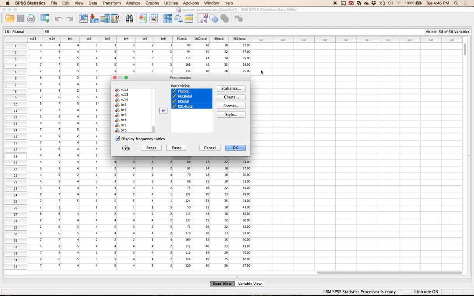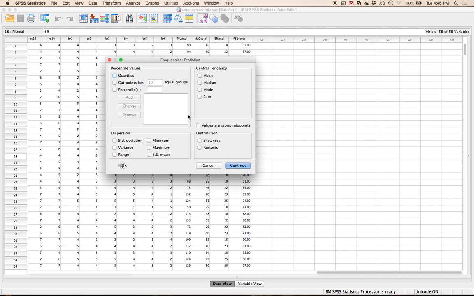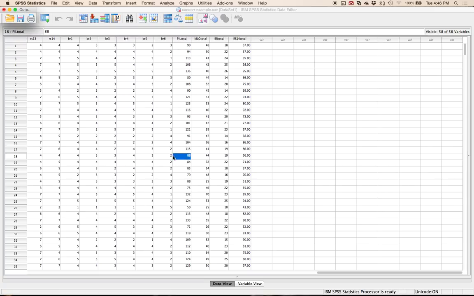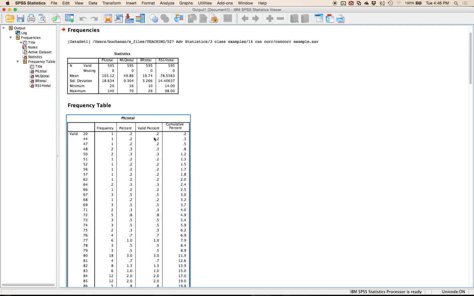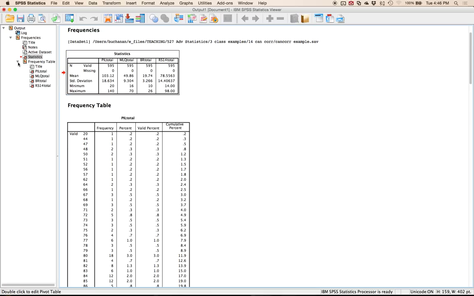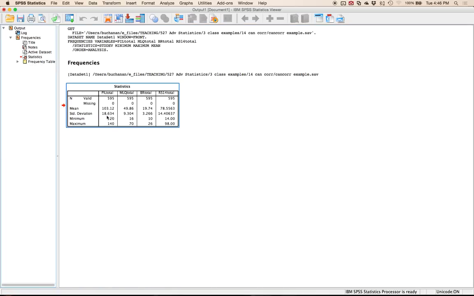All right, so let me hit statistics here and get the mean, standard deviation. I work with these scales a lot, so I know what they should be. Min and max. Continue. Okay. I forgot to turn off frequency tables, so I got a bunch of extra output. But if you look at the overall scores, the PIL is 20 questions, 1 to 7, so 20 to 140 makes sense.